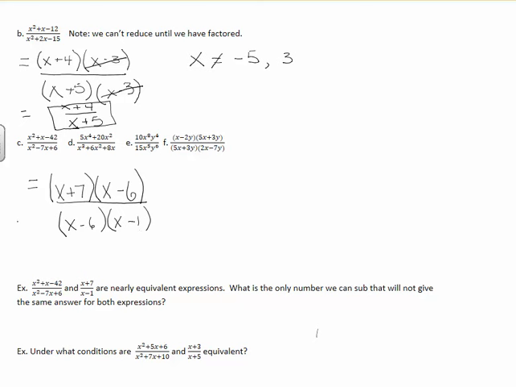This is a good spot to do your restrictions so you don't miss any. I realize that x cannot be equal to +1 or +6. Now that the restrictions are done, I can cancel out the two binomials that are the same, and I'm left with a final answer of x plus 7 over x minus 1.